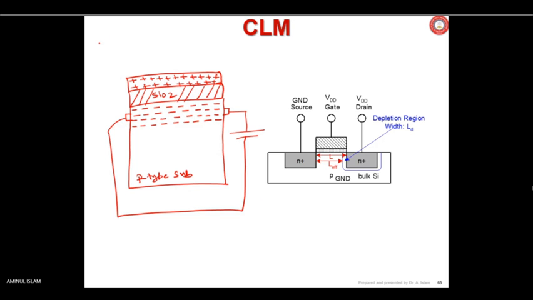You are applying a voltage here based on this V1 and this is V2. This can also be written like this or denoted like this. It is the same. Do you understand this?